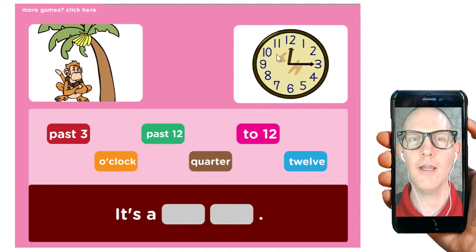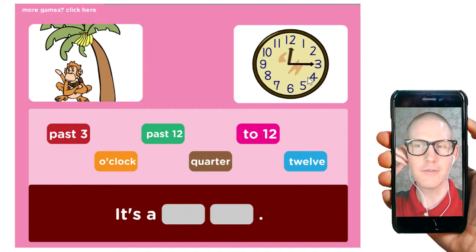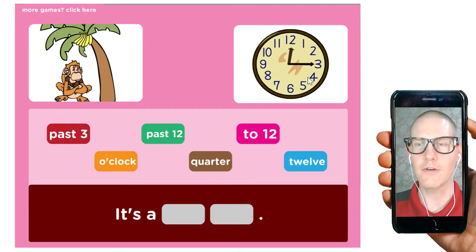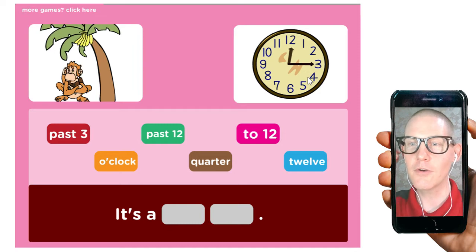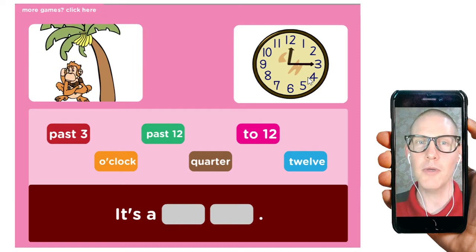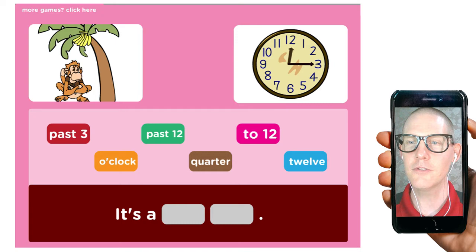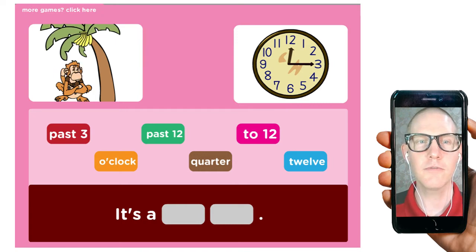Okay, so what time is it on the clock? What do you think? All right. Garden says 3:15. Leahuda says 12:15. Tubagus says 12:15. Let's take a look.